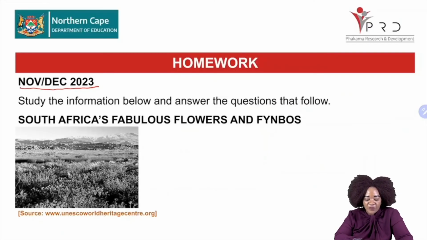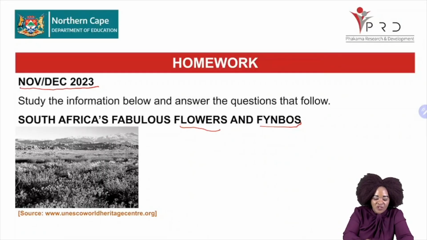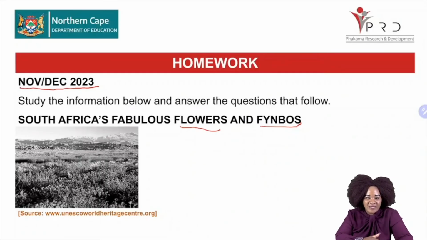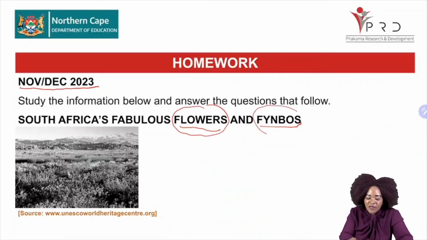South Africa's fabulous flowers and fynbos. Once I say flowers and fynbos, already my learner is supposed to tell me what is the name of this World Heritage site. I'm talking about flowers. I'm also talking about fynbos.